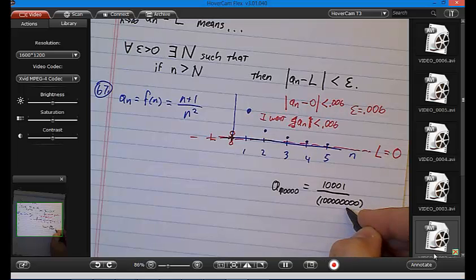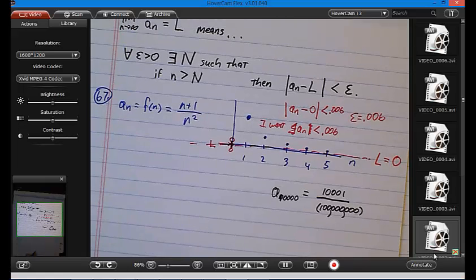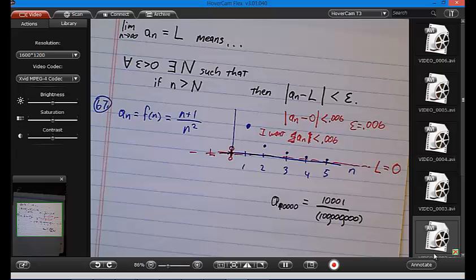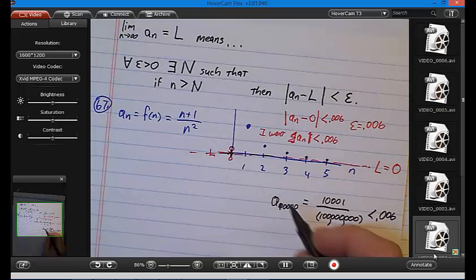So I have about 10,000 divided by 100 million. Is that less than 0.006? I'm going to say yes. You know why? Because I can count decimal places. I could cancel out 4 decimal places, 4 decimal places. I still have 1 over 10,000 or so. How did we get n equals 10,000?